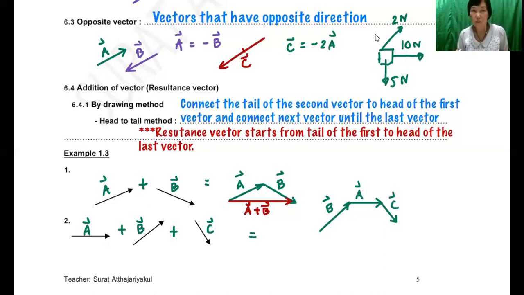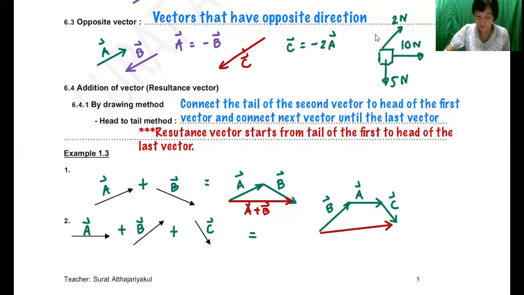Okay, well, where is our resultant vector? Our resultant vector must be a straight line drawn from the tail of vector B to the head of vector C, or a straight line from here to here. Okay, I will use the red color to draw this straight line to represent our resultant. Actually, it should be close to each other.